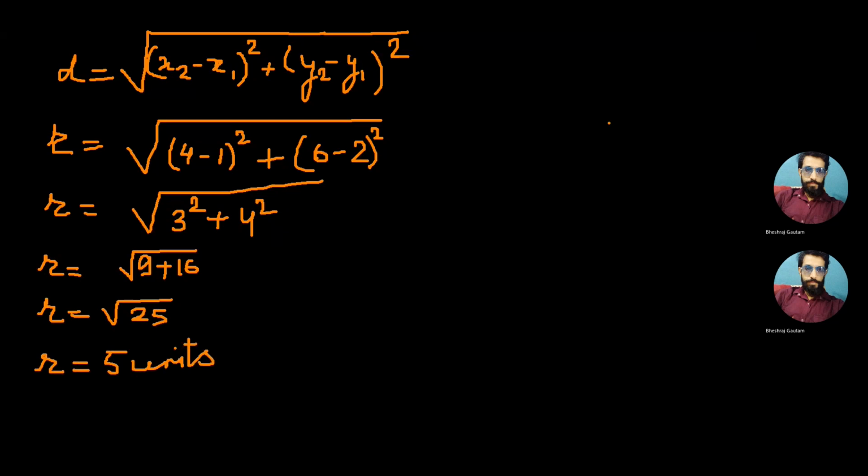Now in the figure and from all this process, we have obtained a radius as 5 units, h was given as 1 and k was given as 2 from the question. Use all these values h, k and r to find the equation of the circle, putting them in standard form of circle.